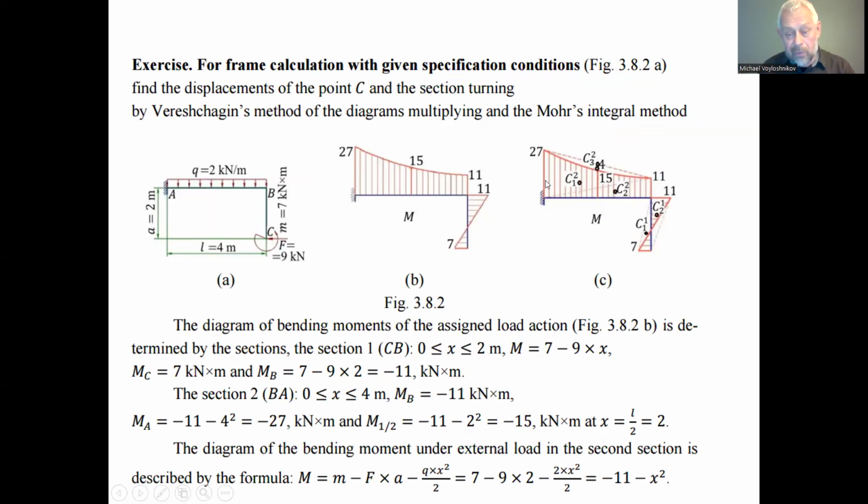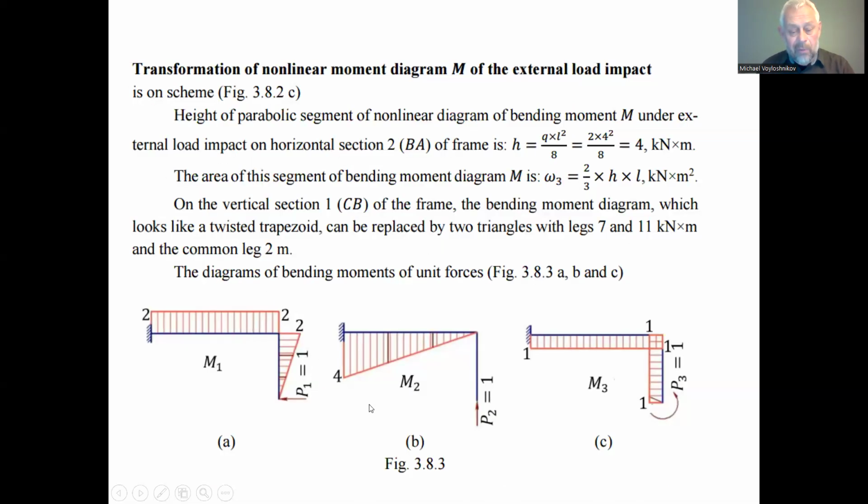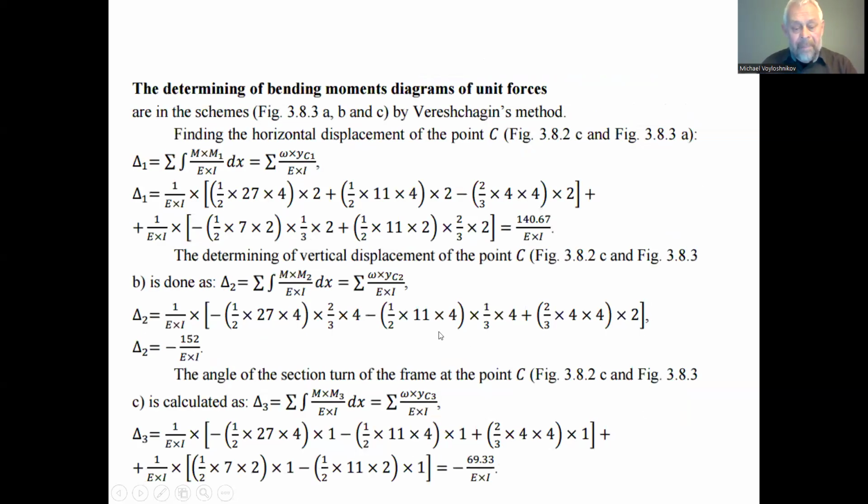C1 is 1/3 from the point A and 2/3 from point B along the total length of the element of the mechanical system, as we have 4. So we multiply 4 by the 2/3 part to find this one magnitude of the bending moment and action of unit force, 2/3 product by 4.